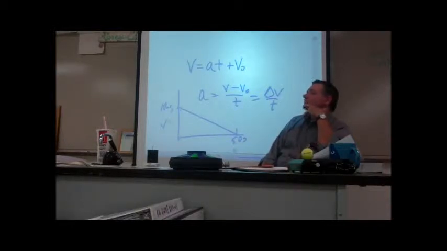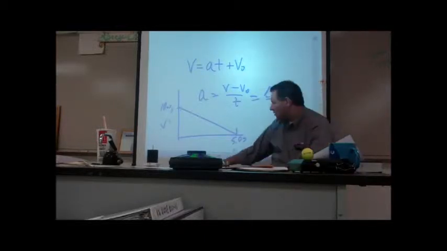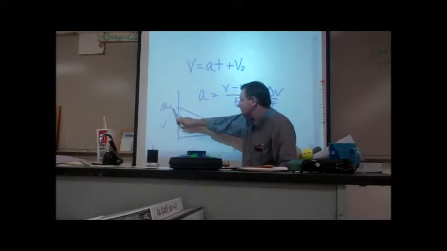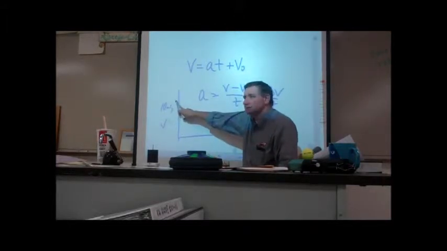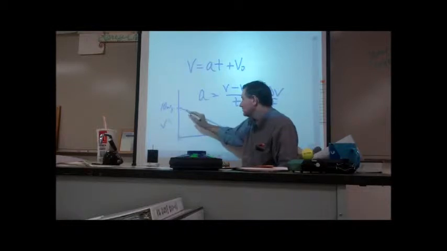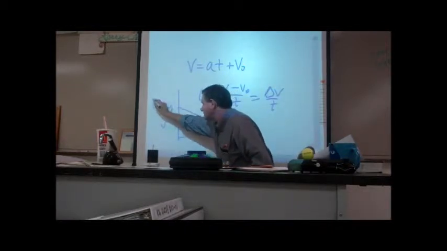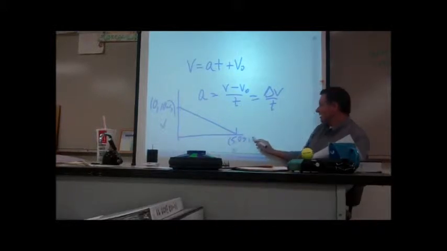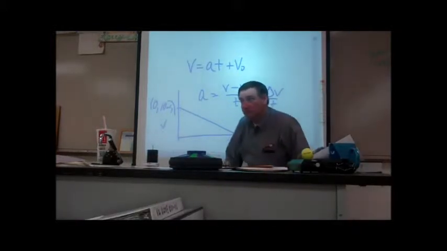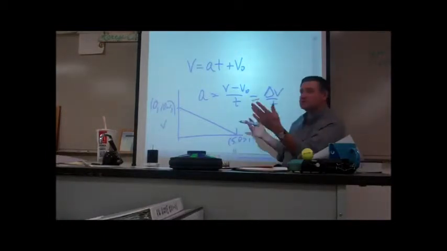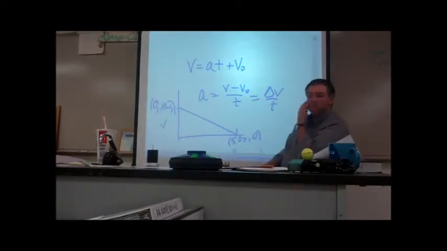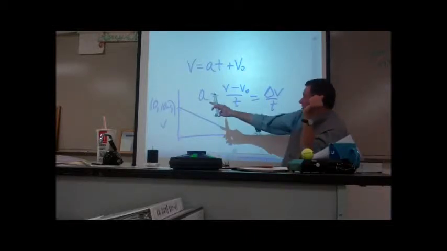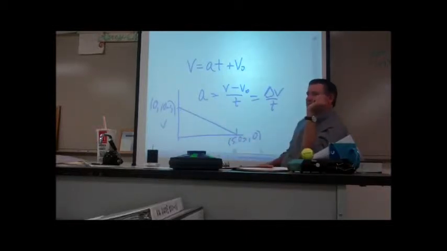And how would you find the slope of that line? Say rise over run, or change in y over change in x. So, what are the two coordinates for this point? 0, 10. Okay, so that's at 0 and 10, and this point out here is at 5 and 0, right? True? So, what would you subtract? The y and the x. So maybe 0 minus 10 over 5 minus 0?